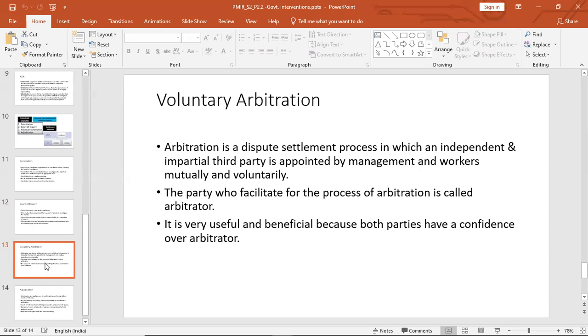Then before that, conciliation, mainly involved in consultancy, where the third party is listening and consulting both the party, whoever having conflict. Conciliation, arbitration, and adjudication. These three things we studied as alternative dispute mechanism.